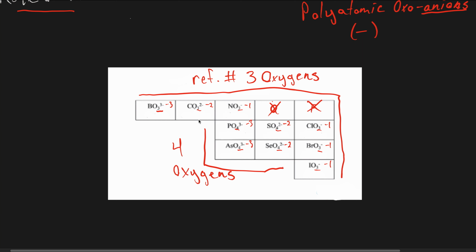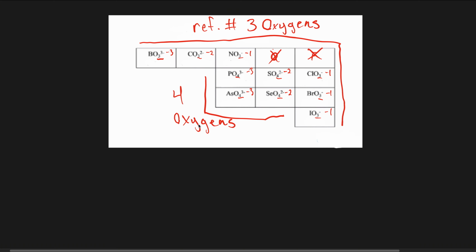Now, how do we name them, or what is the base name of these polyatomic ions? If they have their reference number, they have their common or basic name, and the basic name is simply changing the suffix to -ate, which we use in reference to the number of oxygens.